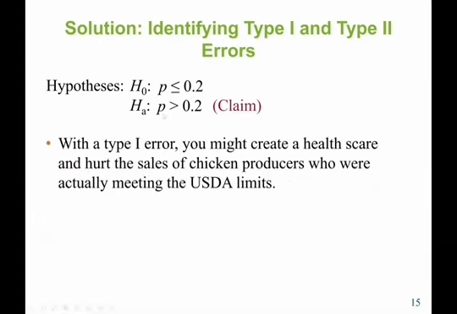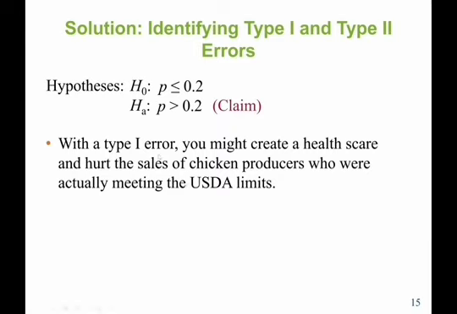Again, the claim is p greater than 0.2, and H0 is p less than or equal to 0.2. With a type 1 error, you might create a health scare and hurt the sales of chicken producers who were actually meeting the USDA limit.